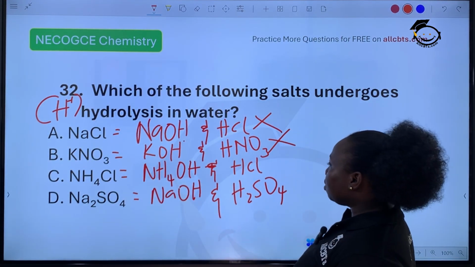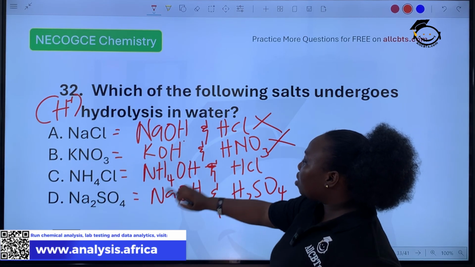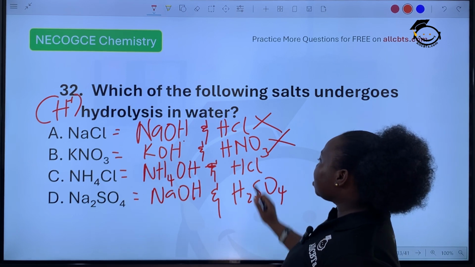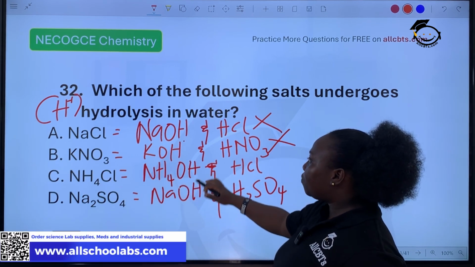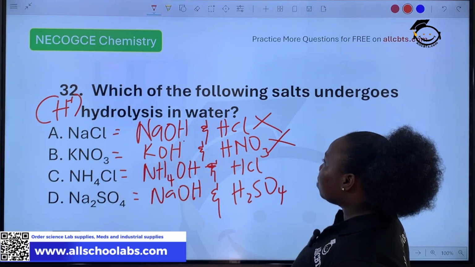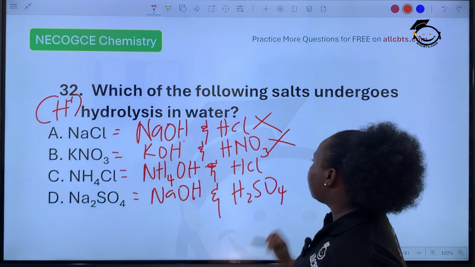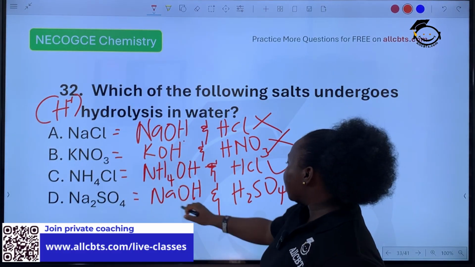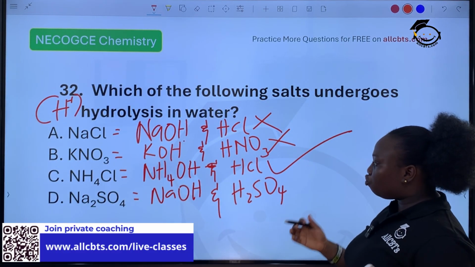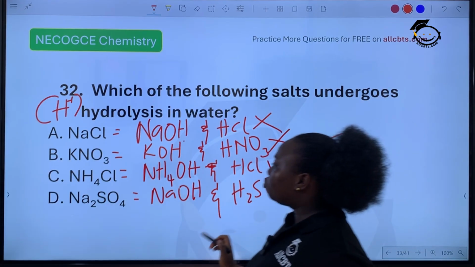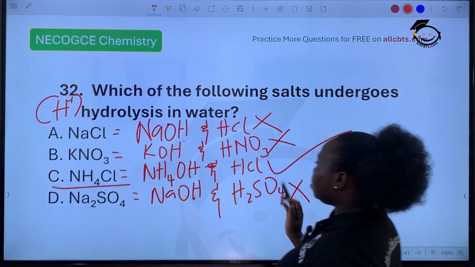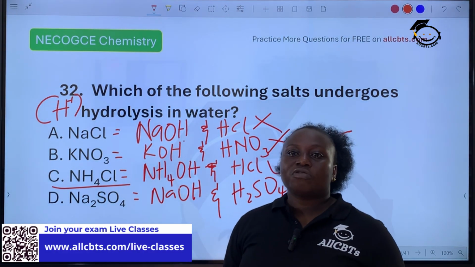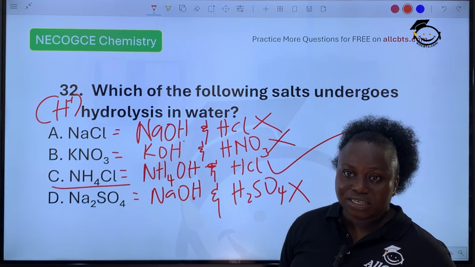For NH4Cl, NH4OH is a weak base and HCl is a strong acid. Because of that, HCl will overpower NH4OH and it will now give us hydrolysis. So we can see that this is our answer. For Na2SO4, NaOH and H2SO4 are both strong. So our answer here is option C, NH4Cl.